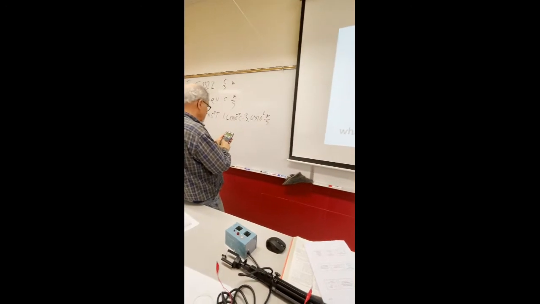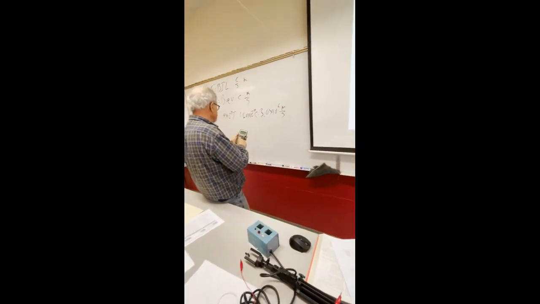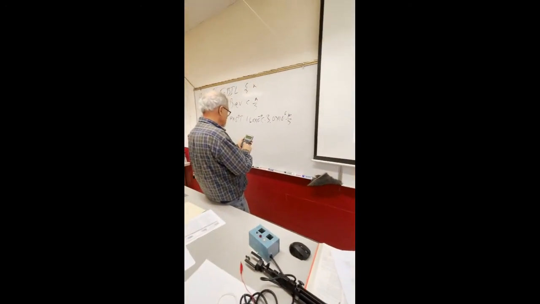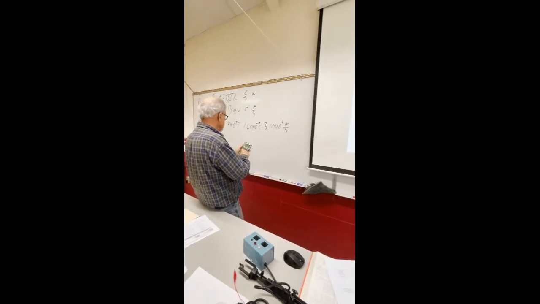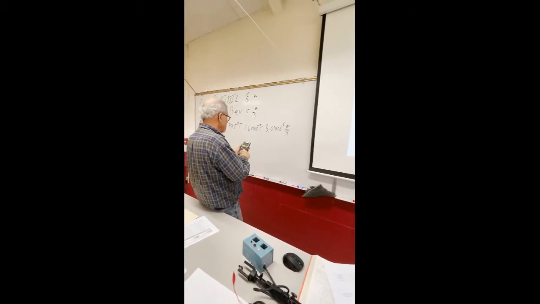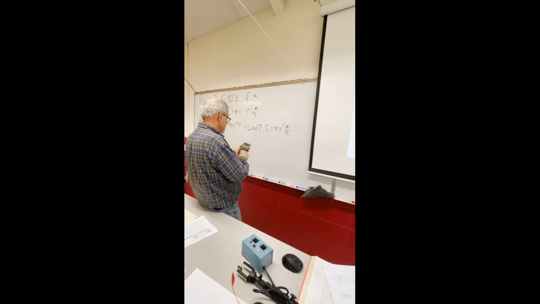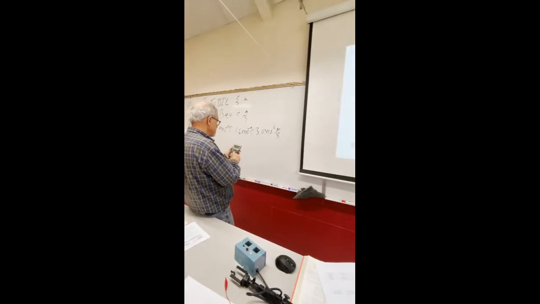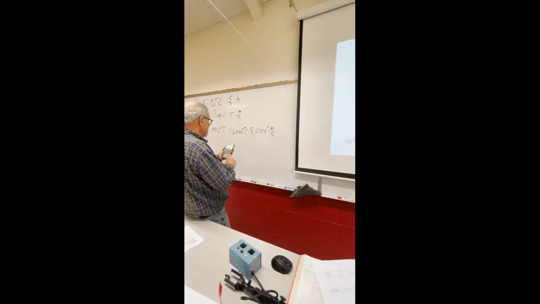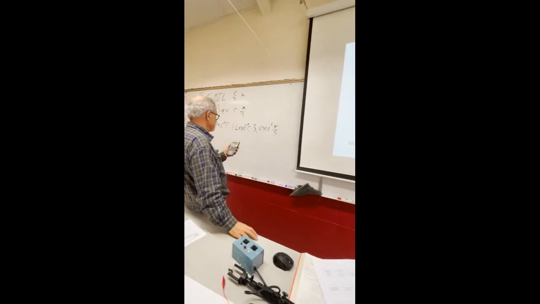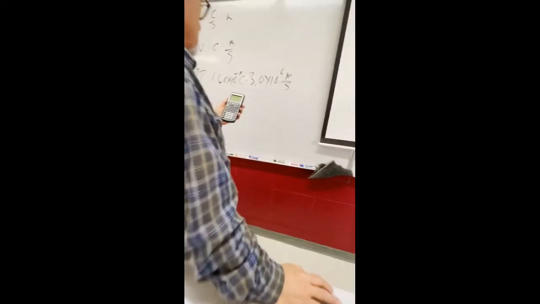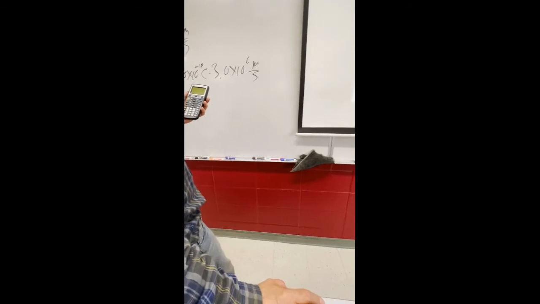And we get 4 times 10 to the minus 2 times 1.6 times 10 to the negative 19 times 3.0 times 10 to the 6. And I get, holy schnauzer, is that right? 2 times 10 to the negative 27 newtons.